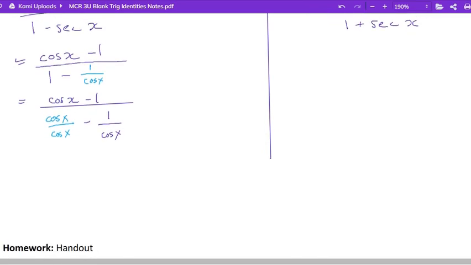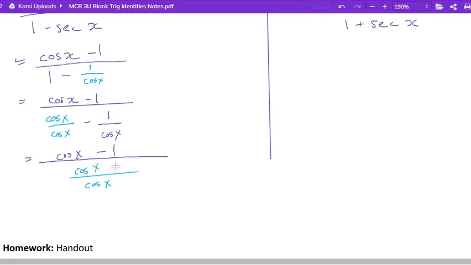So we're ignoring the numerator for a little bit. Still ignoring the numerator. We just write it. And so now when I add them up, I have a common denominator of cos x. And then I'm going to add the numerators.